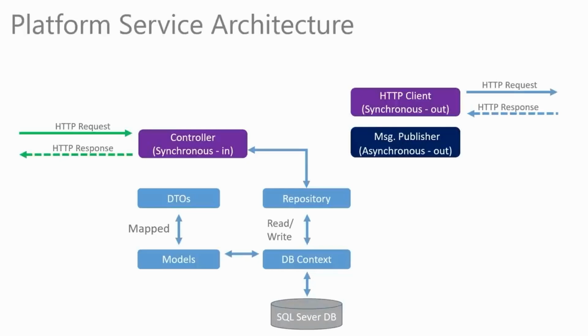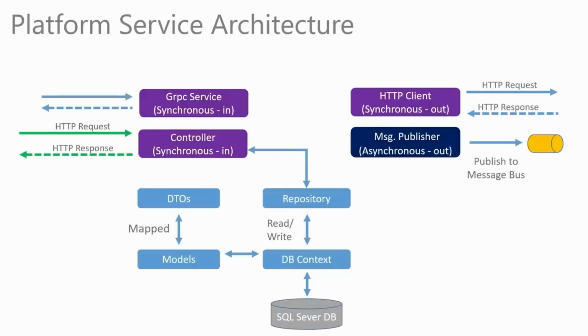And so our platform service, yes, is going to publish events onto our event bus, onto our message bus. And then finally, we're going to use gRPC within our platform service as a synchronous in service. And so clients, in this case our commands service, can use gRPC to request platforms back from our platform service.